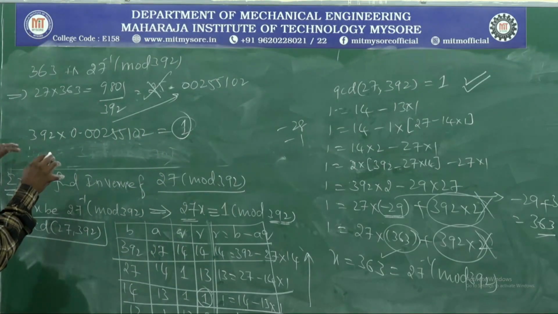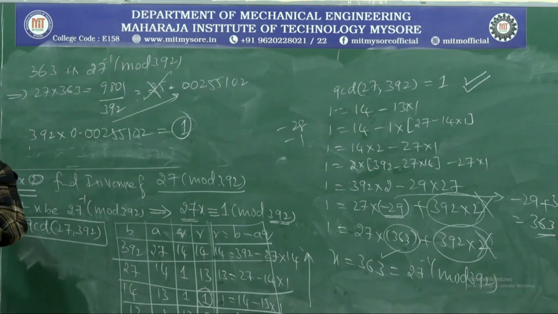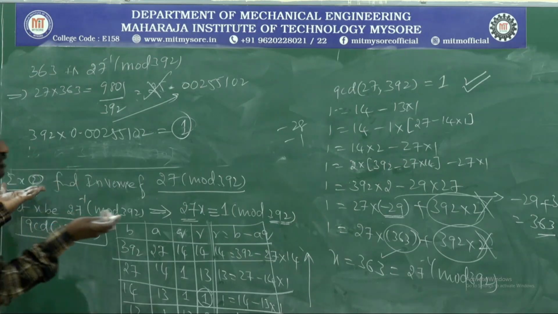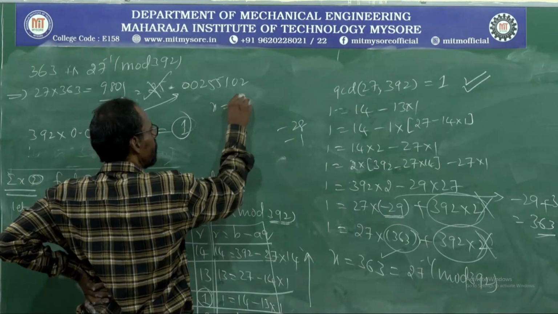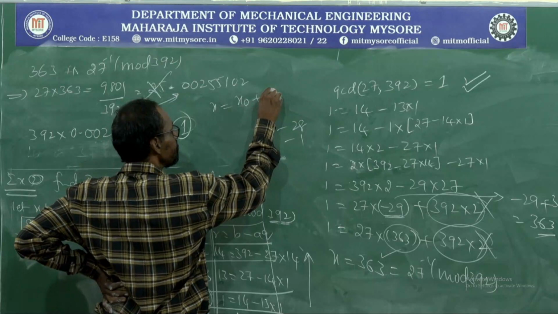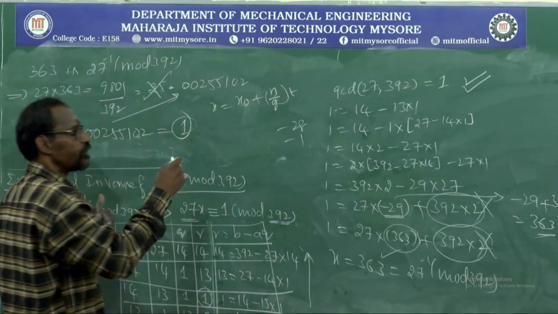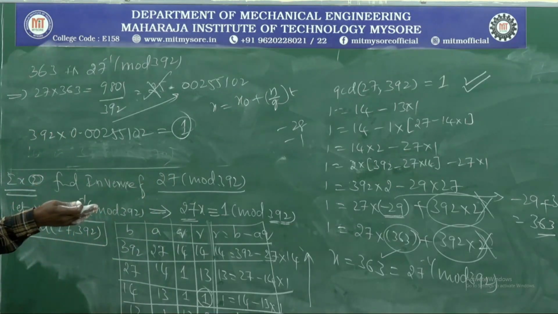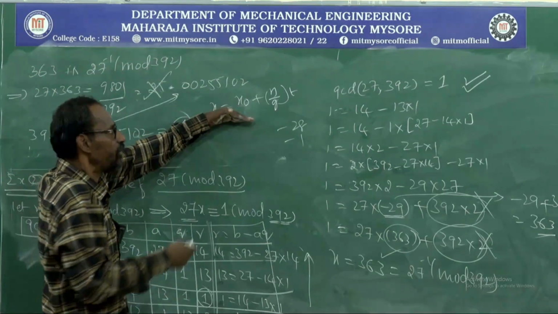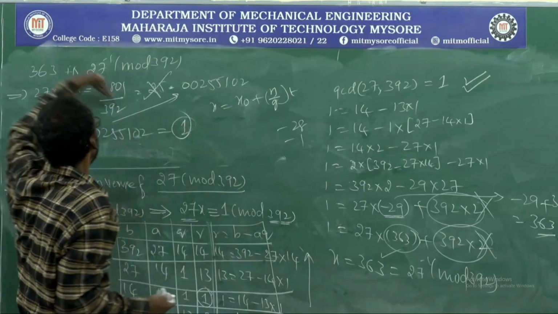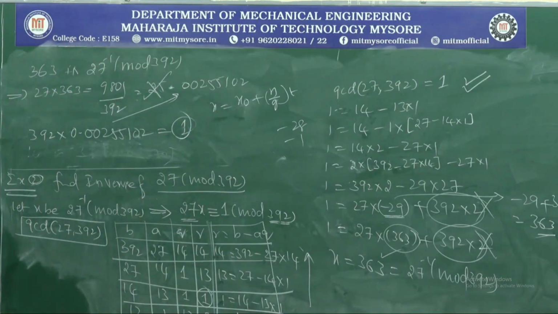So I explained linear congruence. I took one case study where you can find many solutions. What is the many-solution approach? We have x equal to x naught plus n divided by g times t, where t has to run from 0 to g minus 1. Using this, I went one step ahead of finding the inverse under a modulo class.